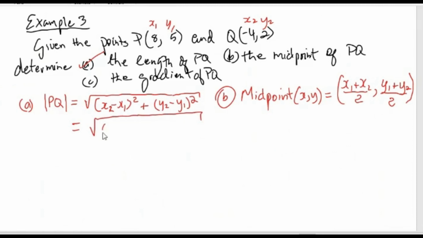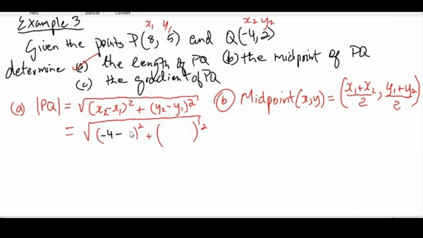What should I put inside? What's x2? Negative 4 minus what? Thank you. Next one. 2. Take away 5. What's next one? All right, so this is going to give us negative 12.